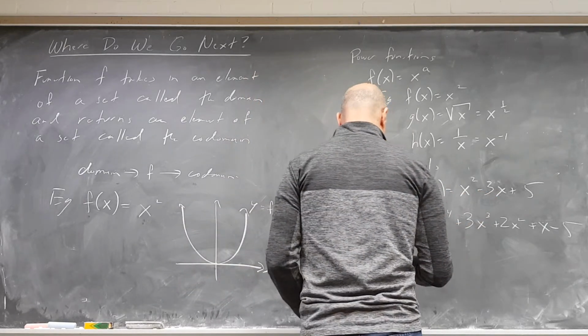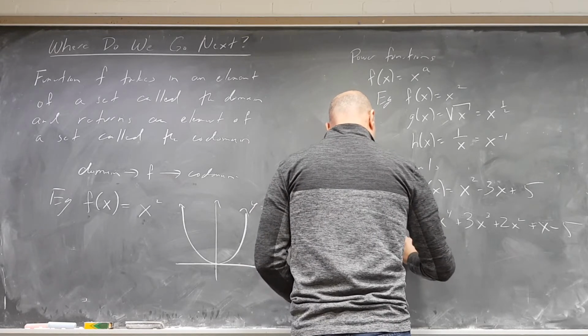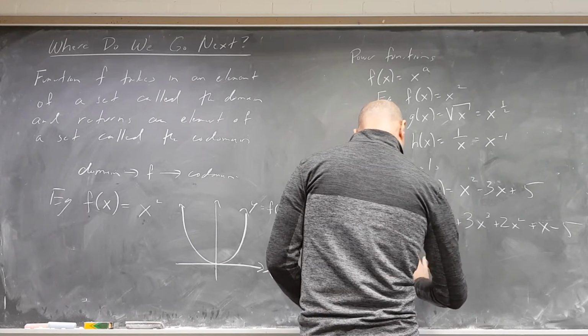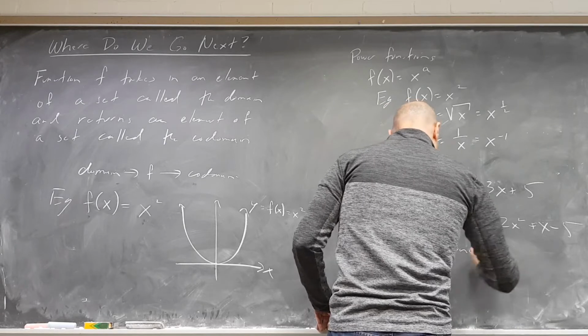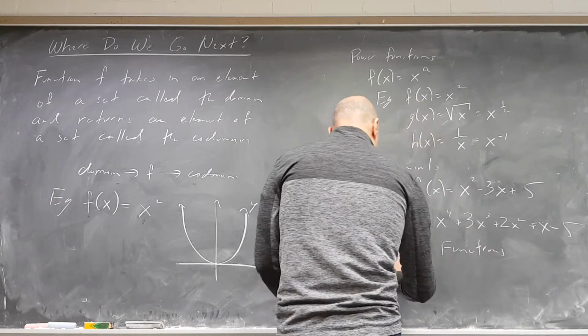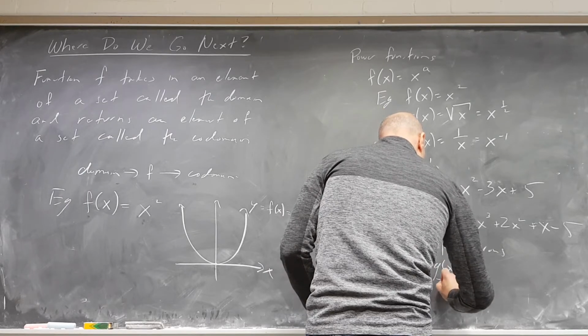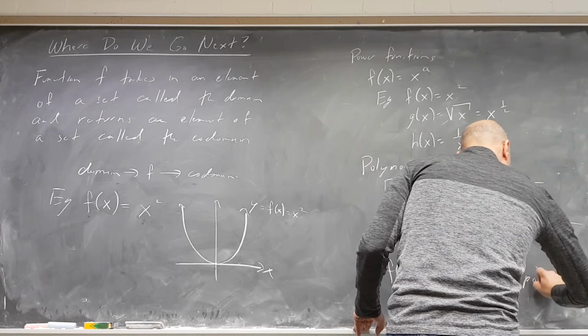We've also talked about rational functions. A rational function, as you know, is a polynomial divided by a polynomial. So g and h are polynomials.